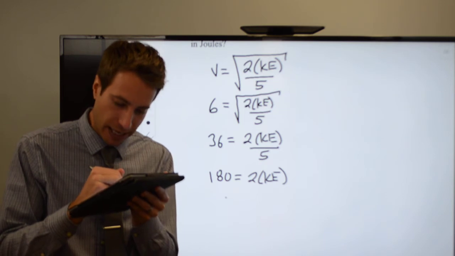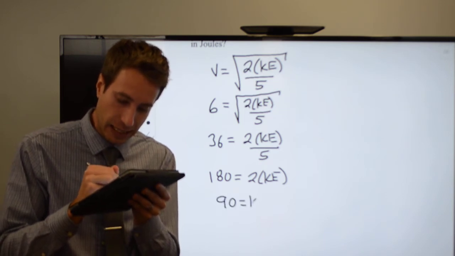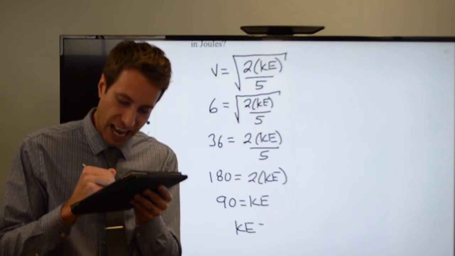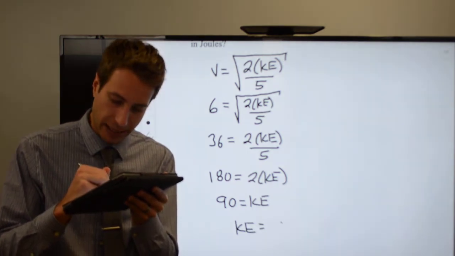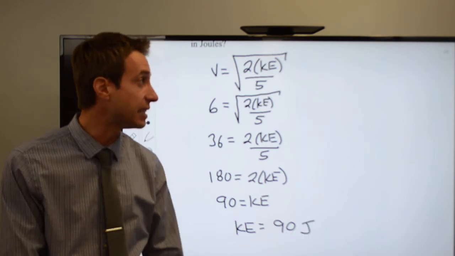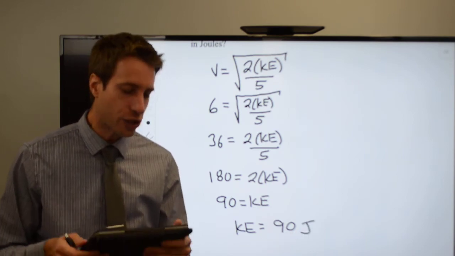Divide by 2, 180 divided by 2 is 90. And so for a ball traveling at 6 meters per second, I get it has a kinetic energy of 90 joules. 90 joules. Now, this should make a lot of sense.